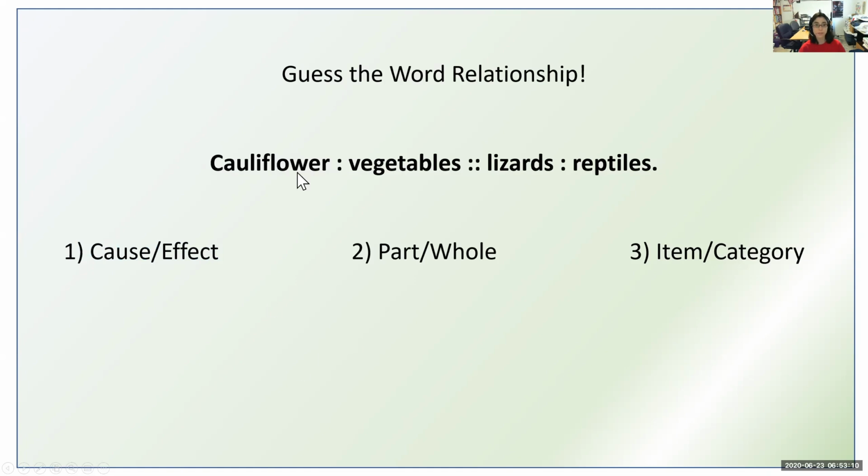Okay, next one. Cauliflower is to vegetables, just as lizards are to reptiles. So on your piece of paper, write down the number 6, and then you're going to write either cause effect, part whole, or item category.